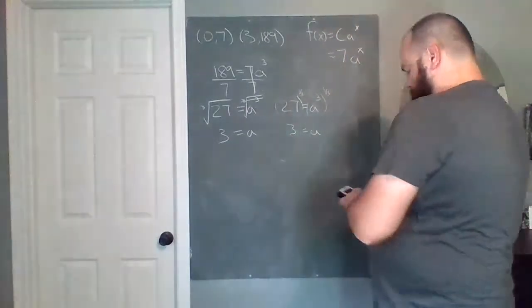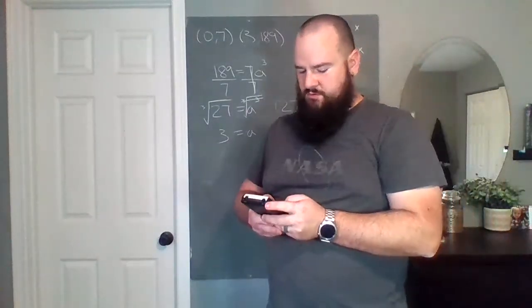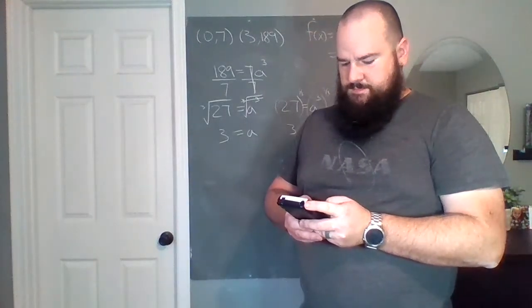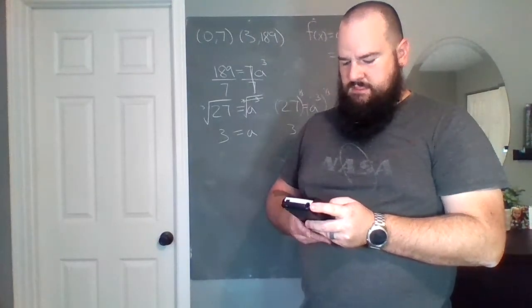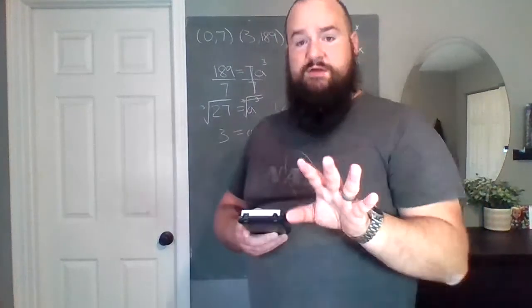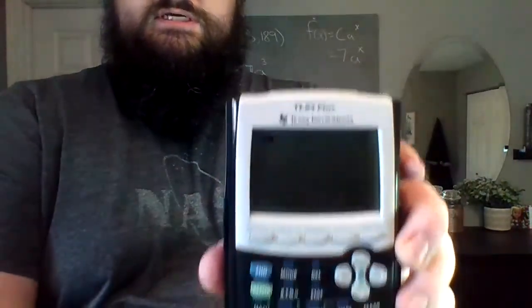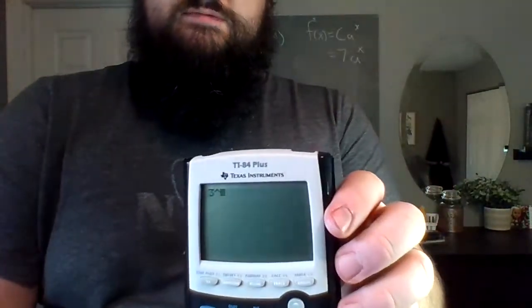Now, I'm going to change my mode here real quick. So if you have an older calculator, and what I mean by that is, if when you hit, say, the exponent button here, you get something that looks like this, okay, you have to be really careful here.